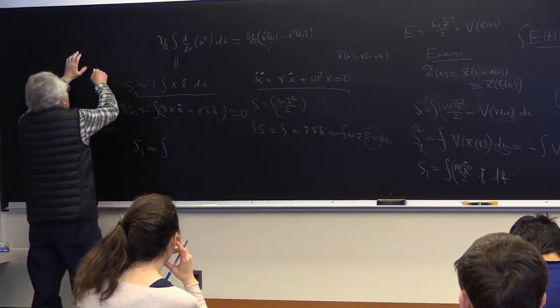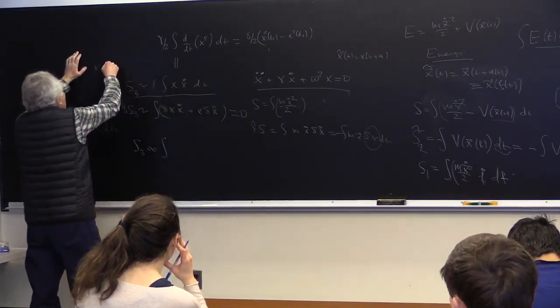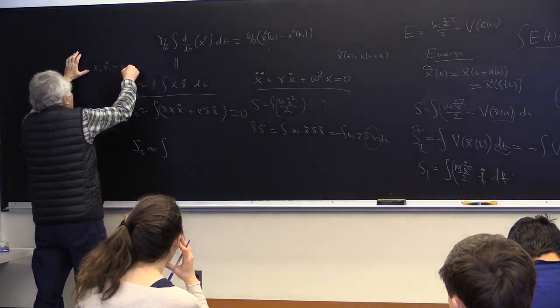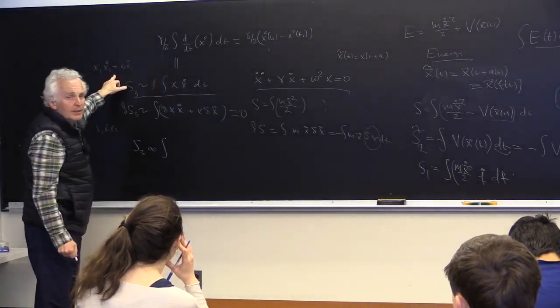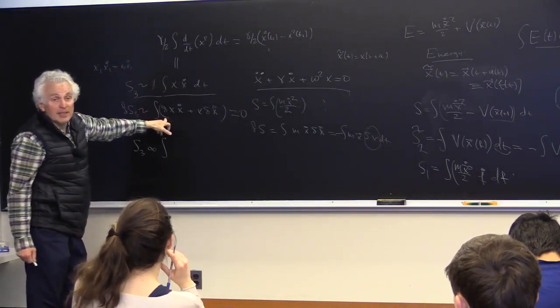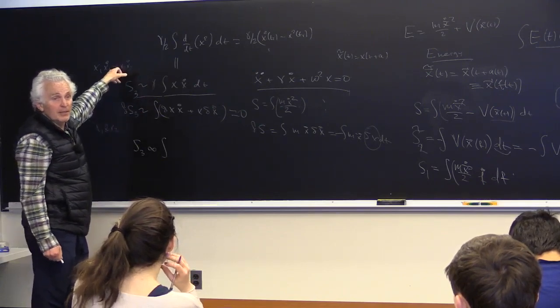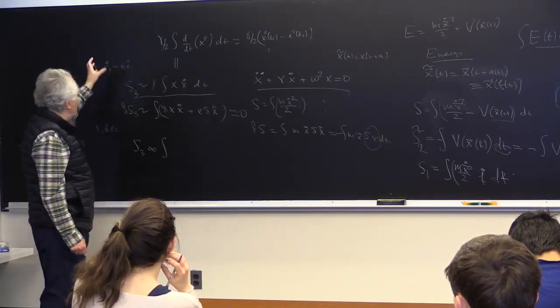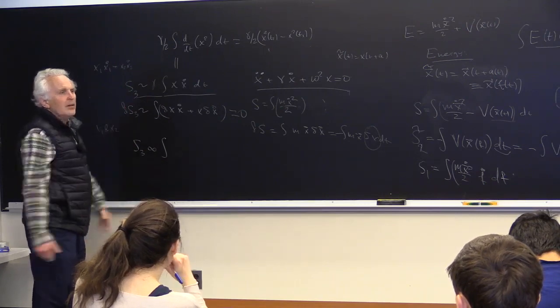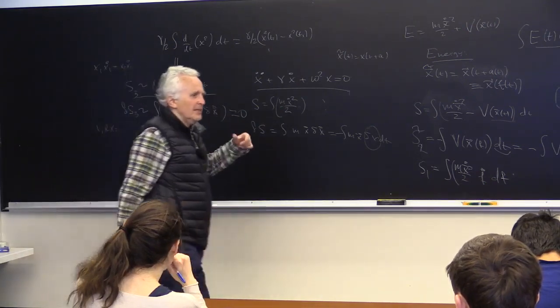For instance, if we simply write down x1 dot plus x2 dot, that's no good, because it's the same as this example. This is a complete derivative. But if you play around with it a little bit, you will get something useful.